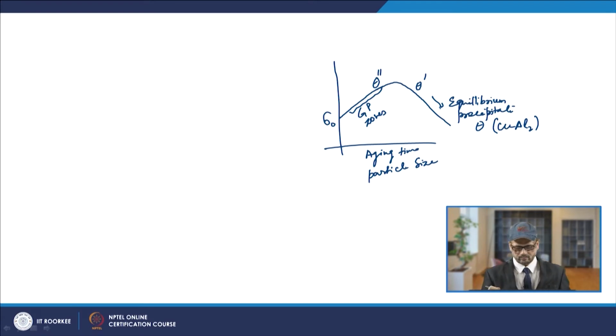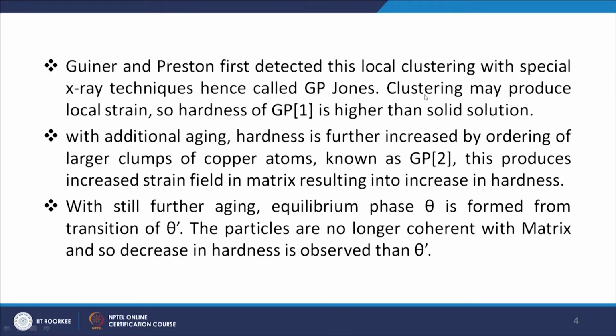So, basically that was the observation, and this is known as the overaged condition. In the case of the overaged condition, the property basically deteriorates. So, the hardness of GP1 will be higher than the solid solution, that is the first zone theta double prime. Now, if you do further aging, then hardness is further increased by ordering of these larger clumps of copper atoms, and this produces an increased strain field in the matrix, resulting in an increase in hardness.